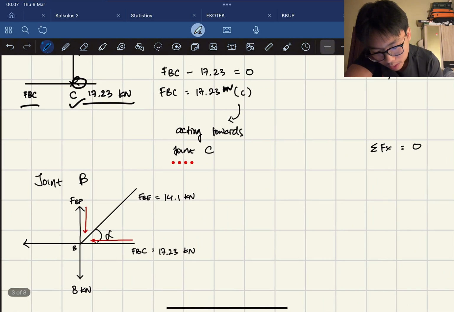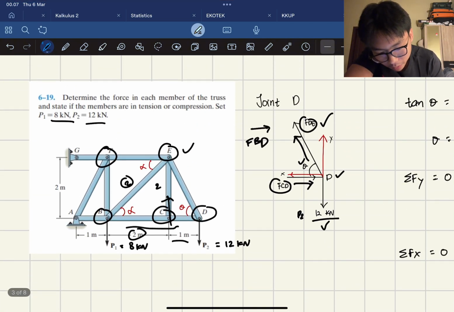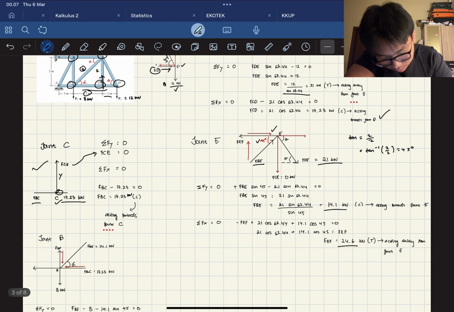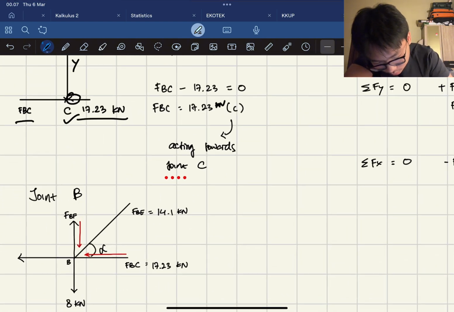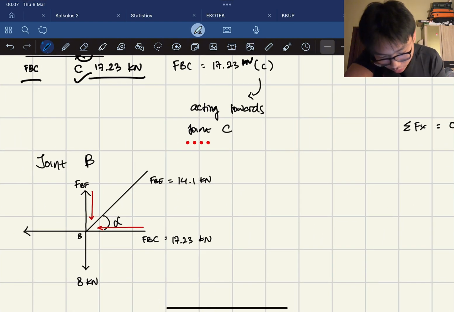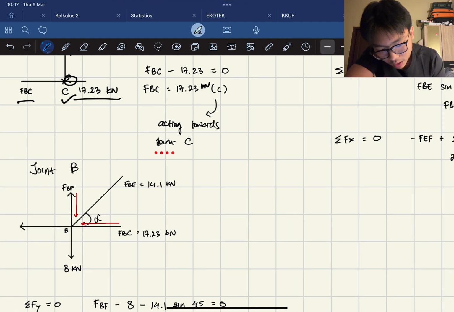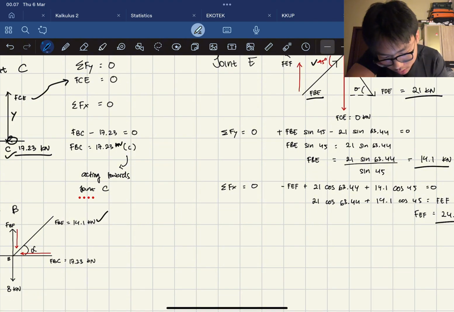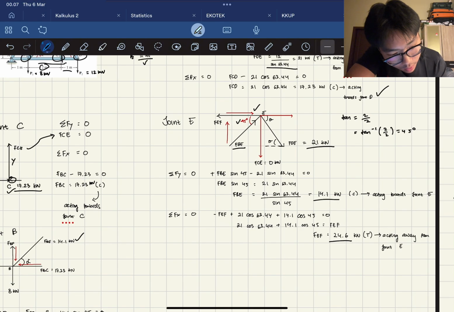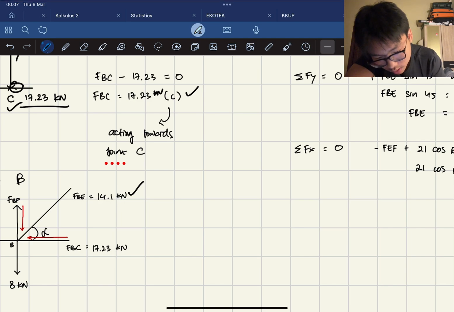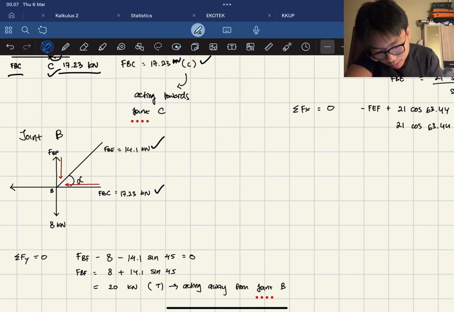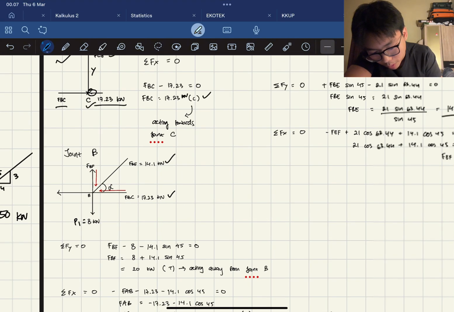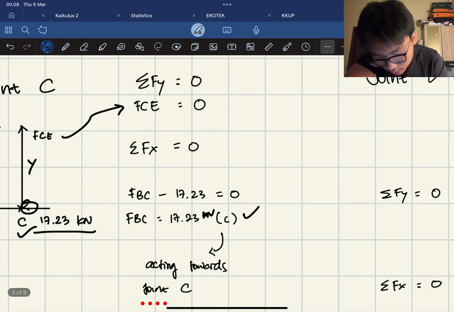Next, we got joint B. For the free body diagram of this joint, there will be forces FBF, FBE, and also FBC, as we got from before. FBE is 14.1 and FBC is 17.23, and we are also given that P1 equals 8 kN.